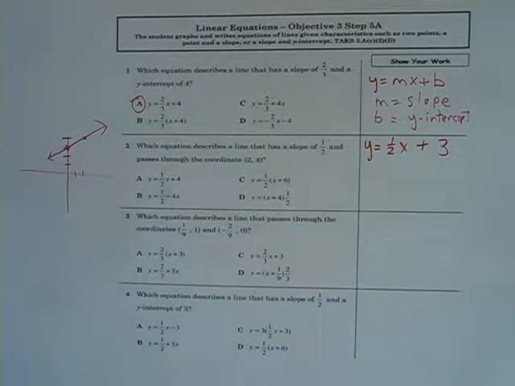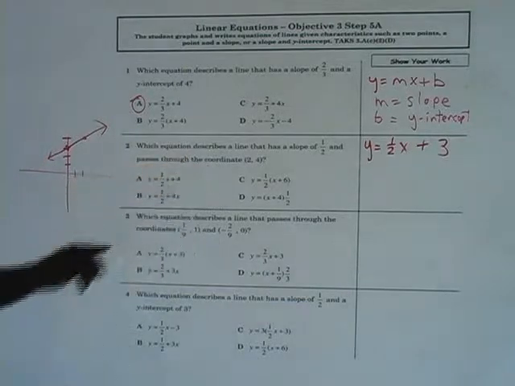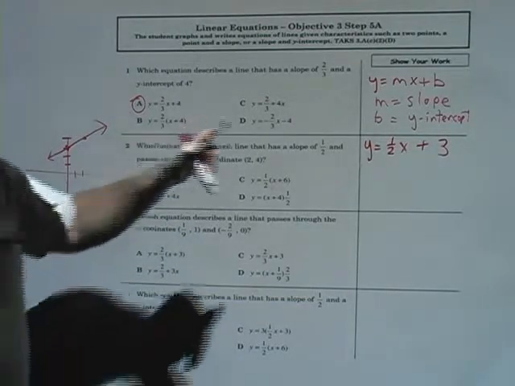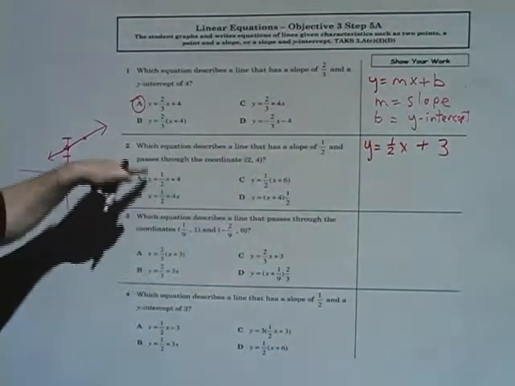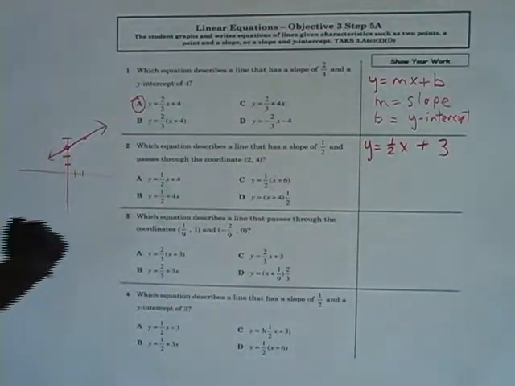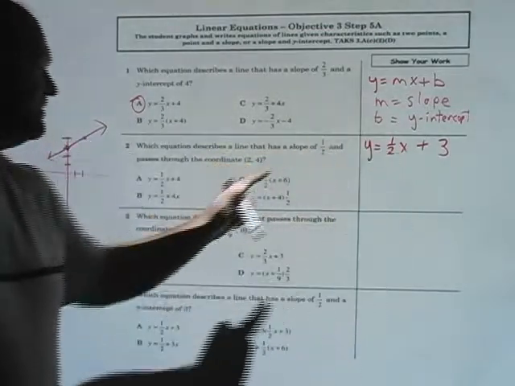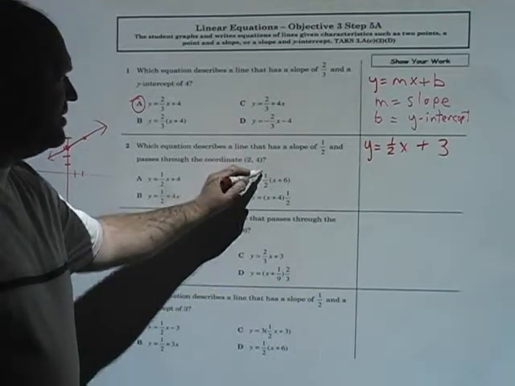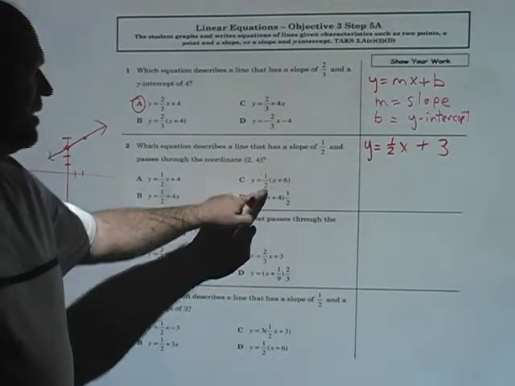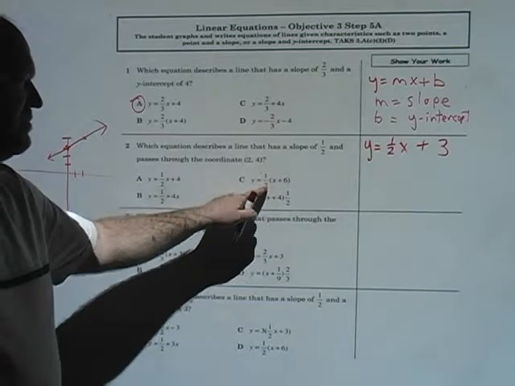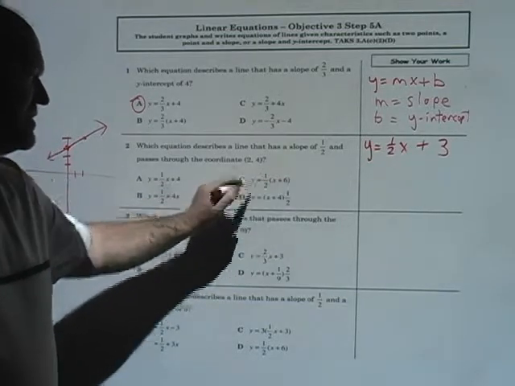And now we can look at our answers. Well, this answer is not down here, but there is one that's the same as this. Remember, when you have a number out here in front of this parentheses, it means you multiply by everything in the parentheses.